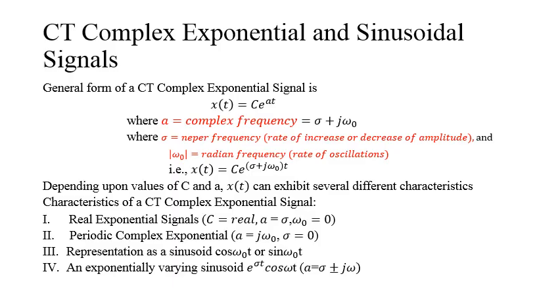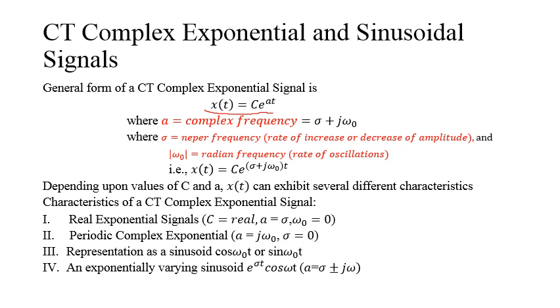So this was the generalized equation or expression for the continuous time complex exponential signals, and we know that there are two important parameters here. One is C and one is A.